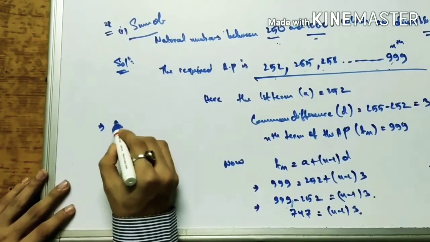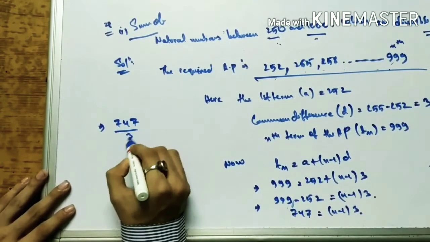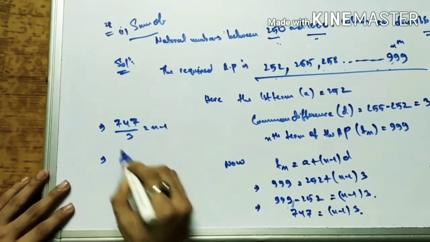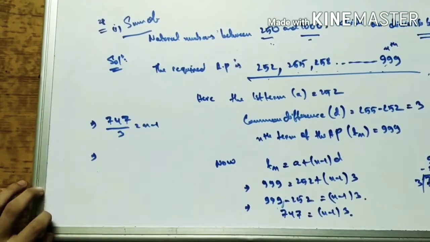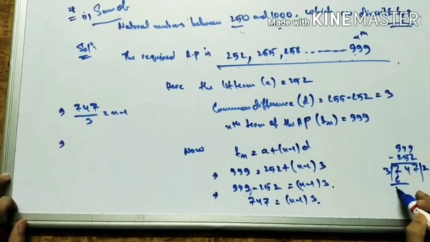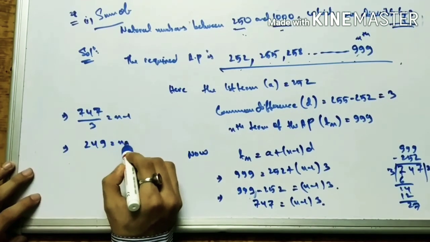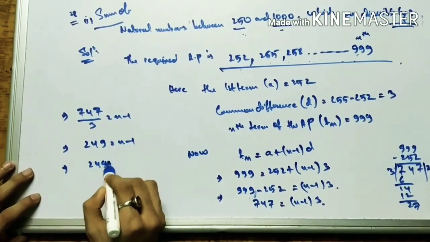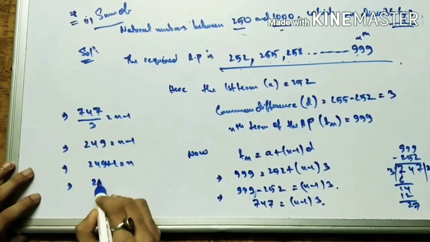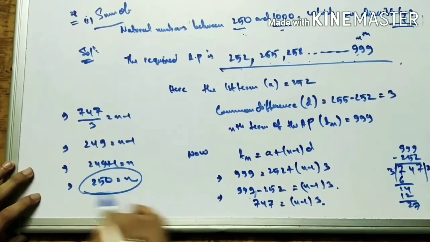So now 747 by 3 equals n minus 1. If I divide 747 by 3, 3 2s are 6, 1 4, 3 4s are 12, 2 7, 3 9s are 27. So I will get 249 equals n minus 1. 249 plus 1 equals n, so n equals 250. I got the n value.